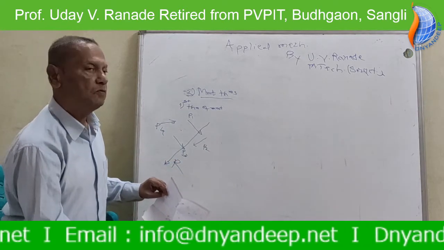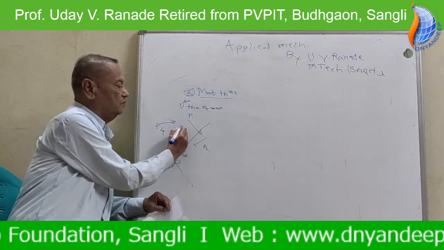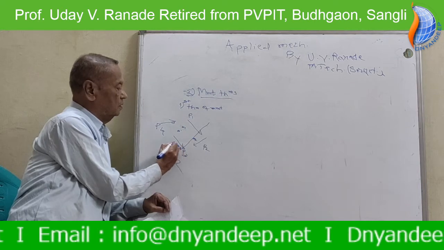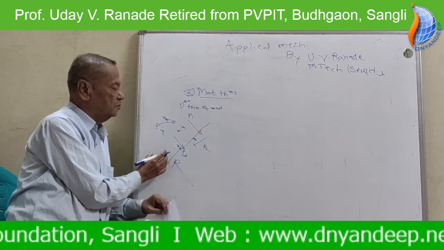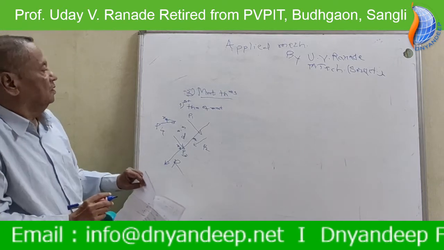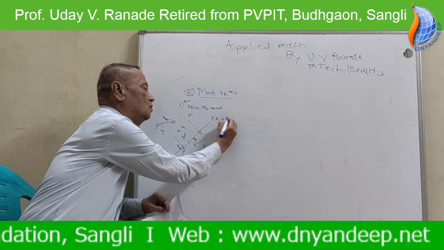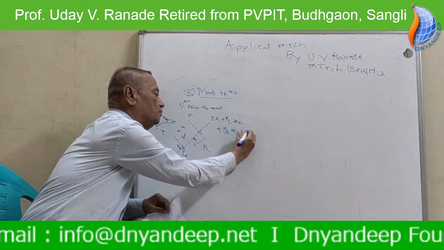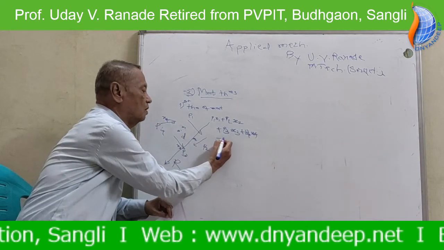Then according to this theorem of moment, if the distances between point O and every force are x1, x2, x3, x4, and if the distance from O to the resultant is D, let us take D to avoid confusion, then the theorem of moment in this case will be P1 x1 plus P2 x2 plus P3 x3 plus P4 x4 is equal to, what is the right hand side? It is R into D.